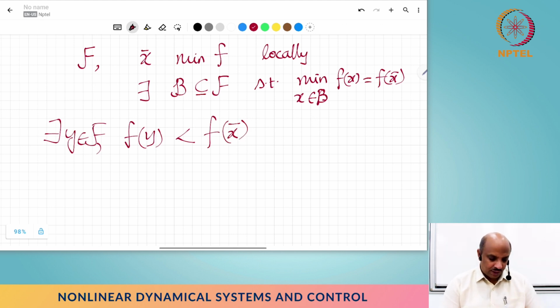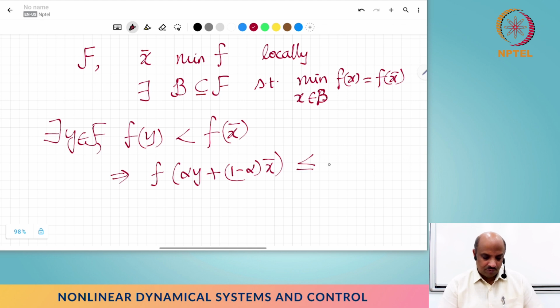So then basically this implies f of alpha y plus 1 minus alpha x bar is less than or equal to alpha f of y plus 1 minus alpha f of x bar. As you can see, this is the line joining x bar and y, right?